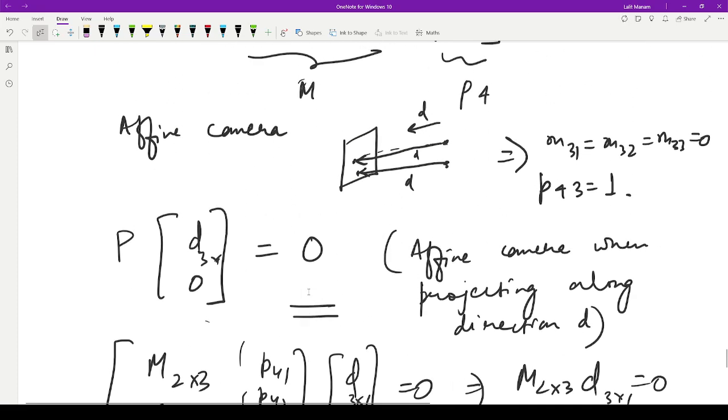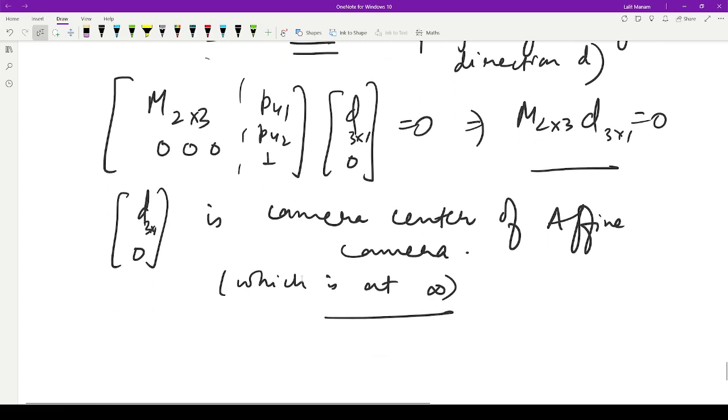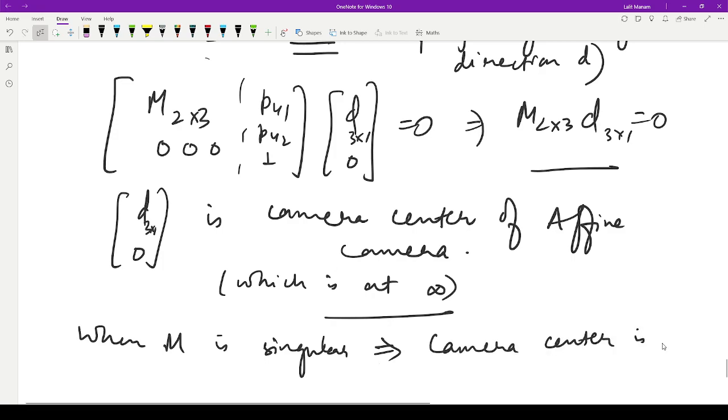If you see this matrix M, it should be singular. When M is singular, it implies the camera center is at infinity. This is always true. What is so special about the affine camera?